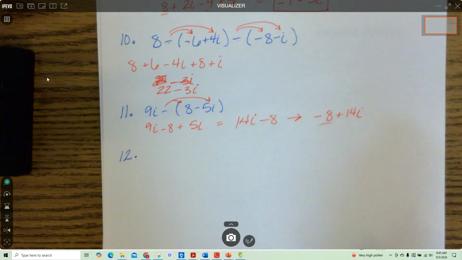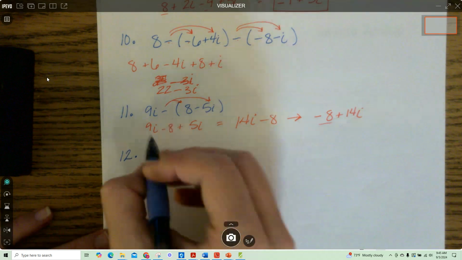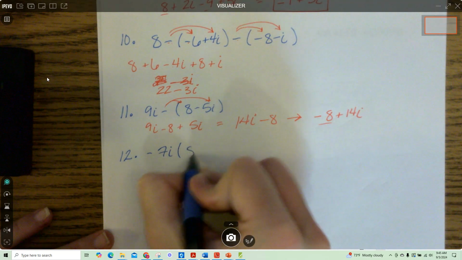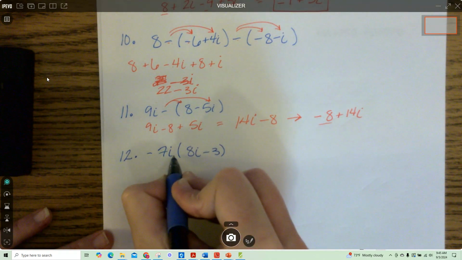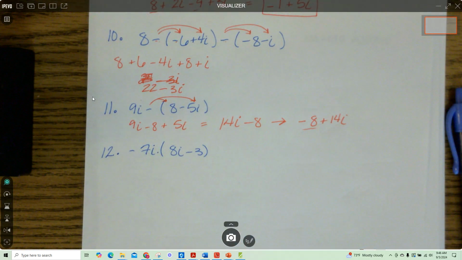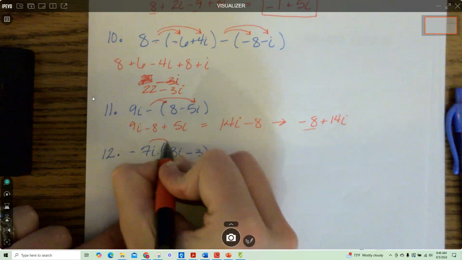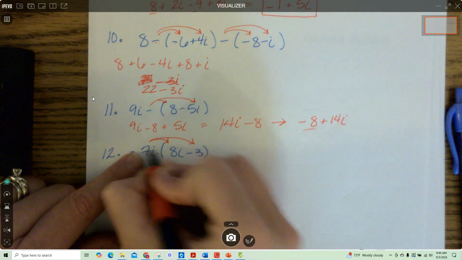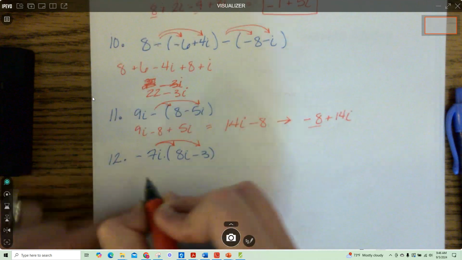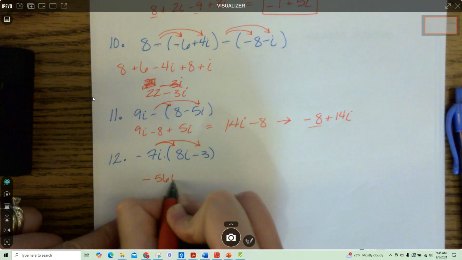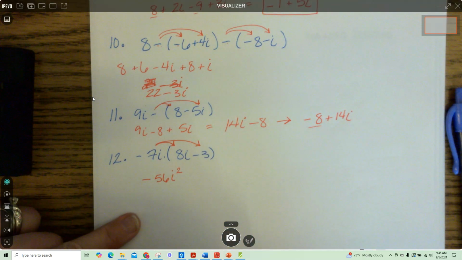All right, number 12. Lexi. Negative 7i, parentheses, 8i minus 3. So we're multiplying here? Yes. Okay. So if we multiply using distribution, negative 7 times 8 is a negative 56. i times i is i squared.